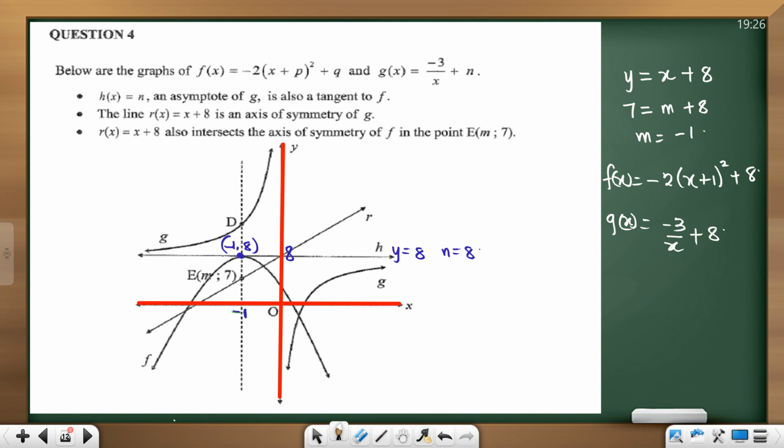Type the coordinates of D for me, guys, quickly. D is negative 1 and 11. Okay.